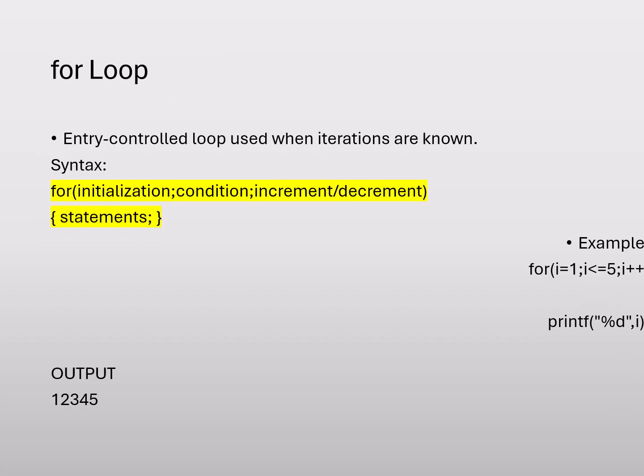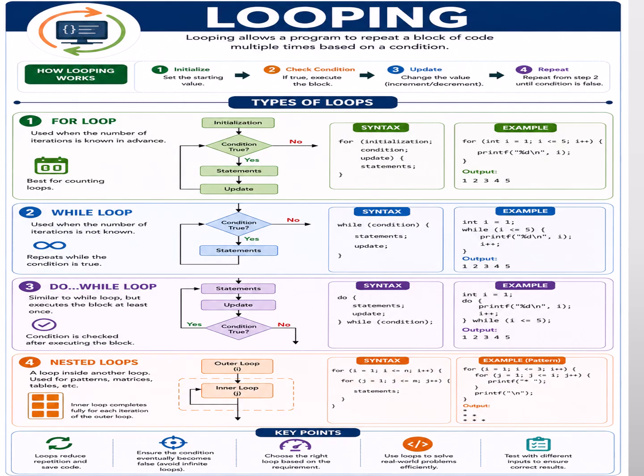The for loop is an entry controlled loop. A for loop mainly consists of three sections: initialization, condition, and increment or decrement. For i equal to 1, i less than or equal to 5, i plus plus. If the condition is true, i will be printed. The output is 1, 2, 3, 4, 5. These are all the looping statements: for, while, and do while.